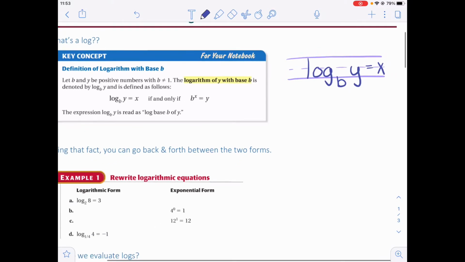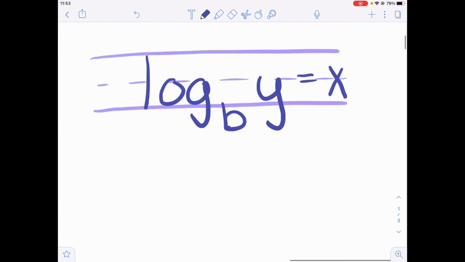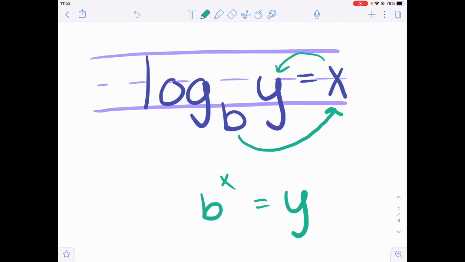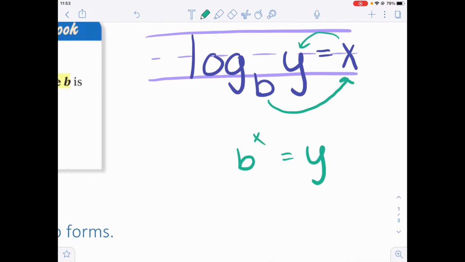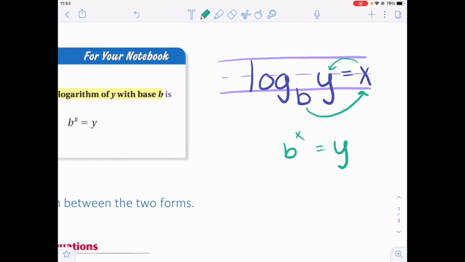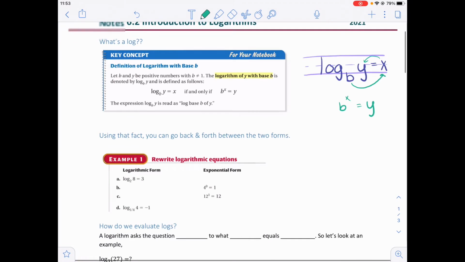And so we can convert a log into an exponential by doing sort of the circle: b to the x equals y. And so what a log does is it asks a question: base to what power equals inside? Let's take a second to just practice going back and forth between our log form and our exponential form.